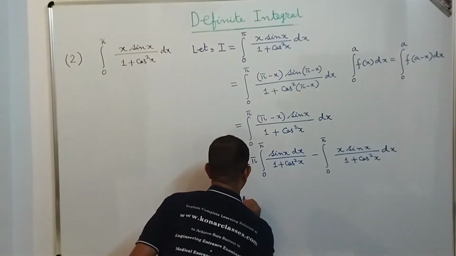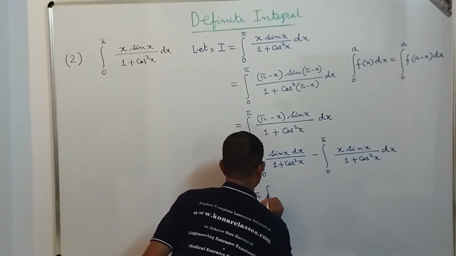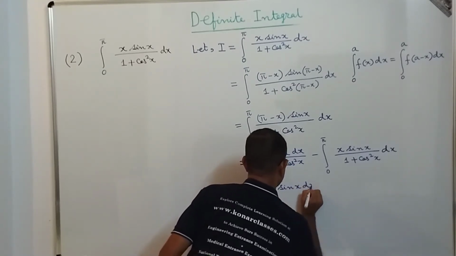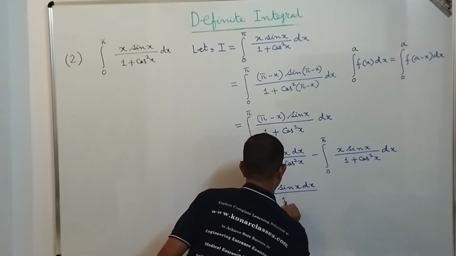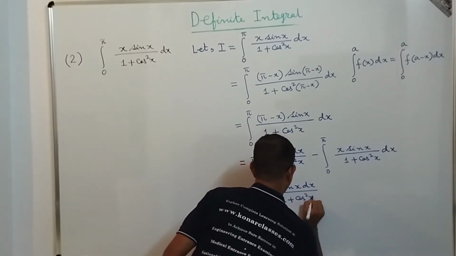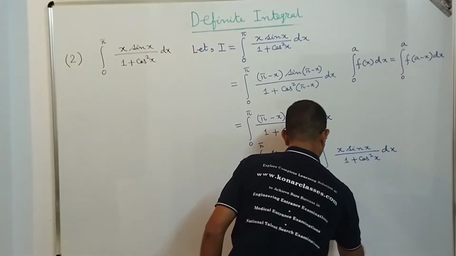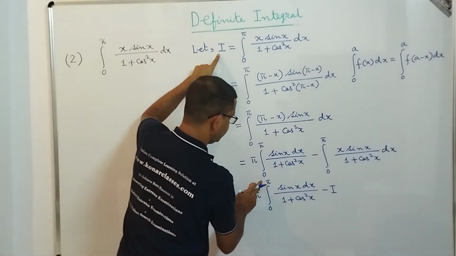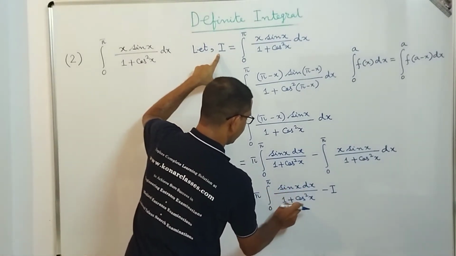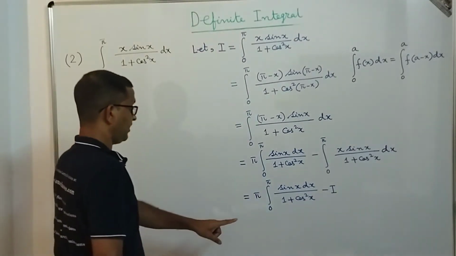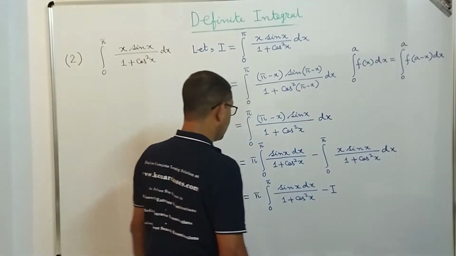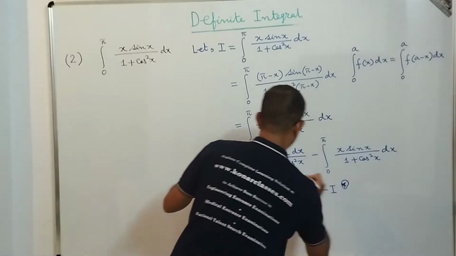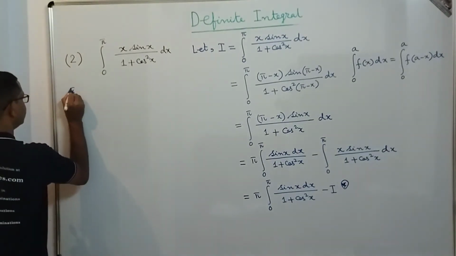So from here we get pi into integration 0 to pi sin x dx divided by 1 plus cos square x minus I. So I is equal to pi integration 0 to pi sin x dx by 1 plus cos square x minus I. Now if we bring this I to this side, what will we get?